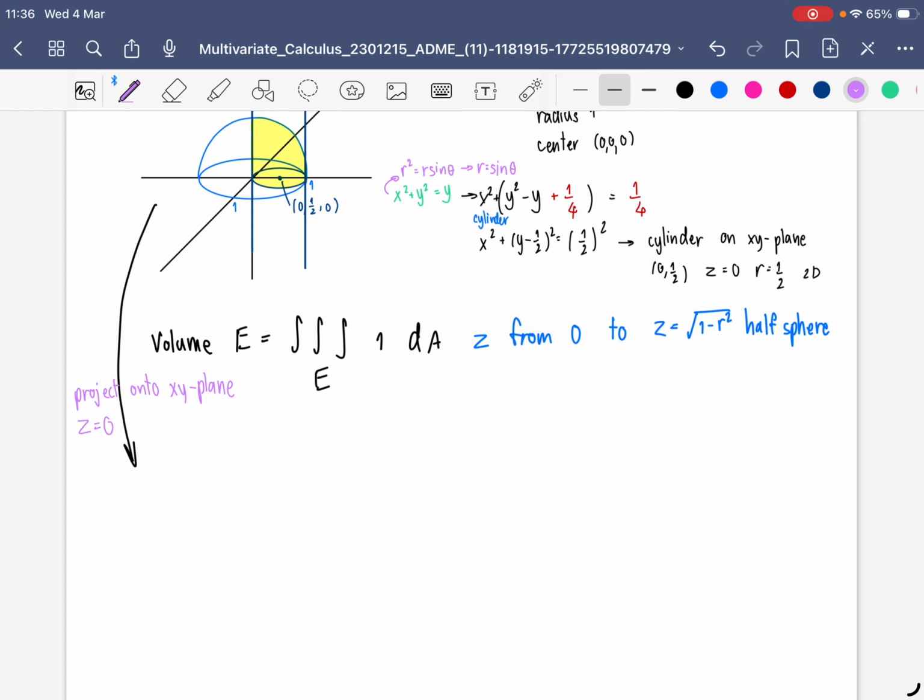Well, it doesn't seem to help much because your region corresponds to the cylinder anyway. So you can use x squared plus y squared is y.